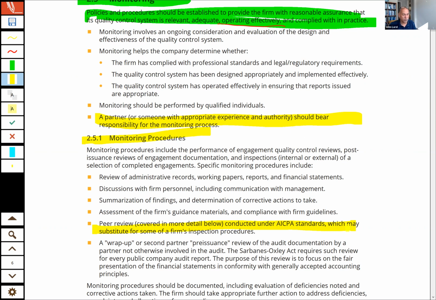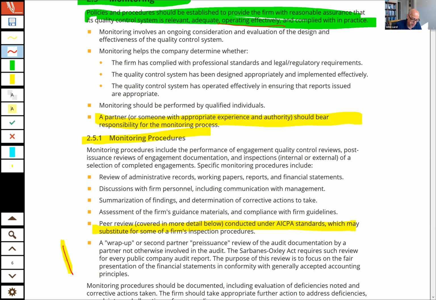If it's a local firm, it's another local firm. At the GAO, we had other countries and auditor generals look at us. So I think we had the Canadians for a while, we had the Dutch for a while, that kind of thing.